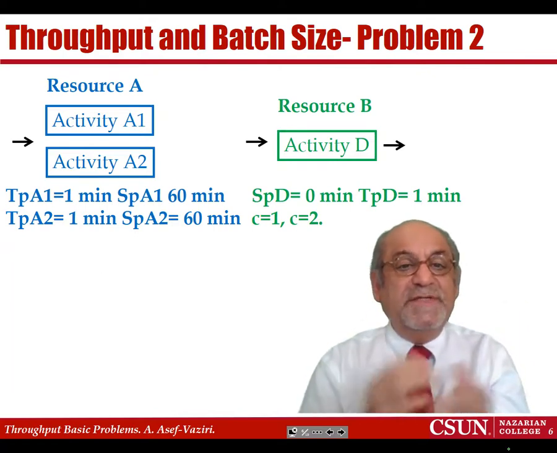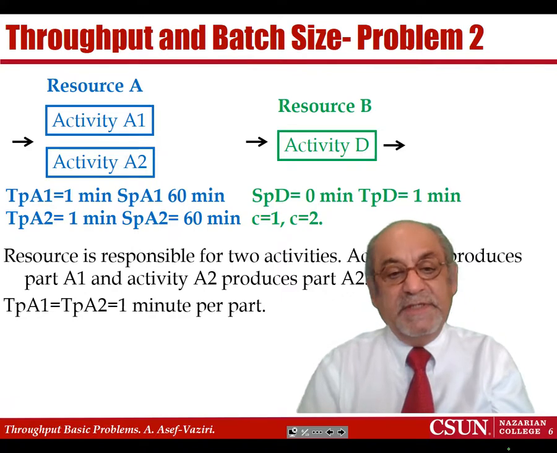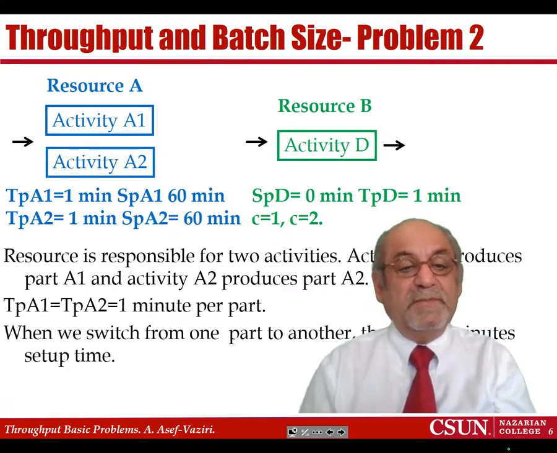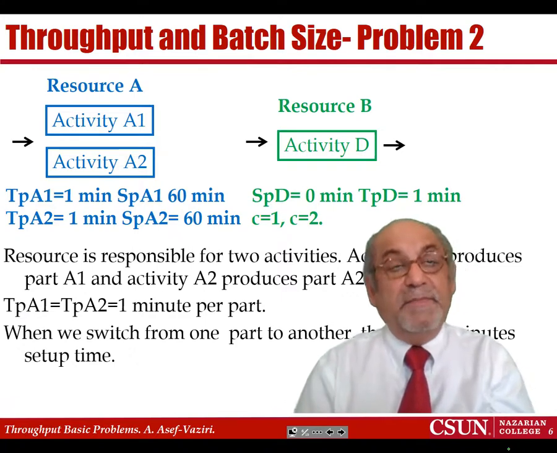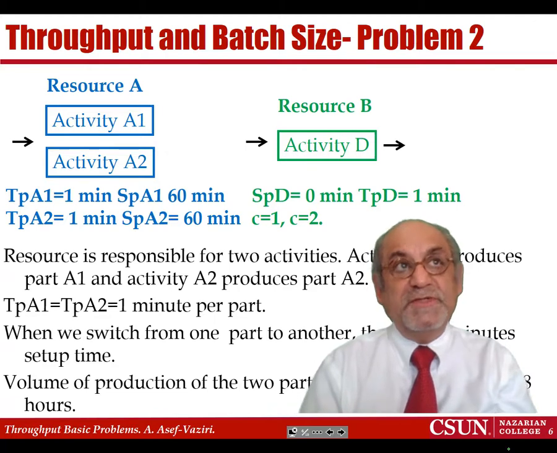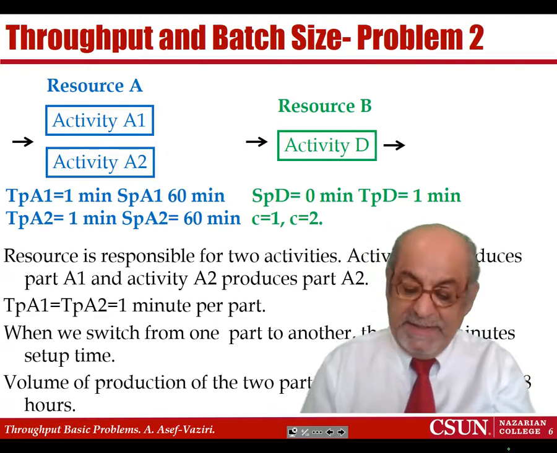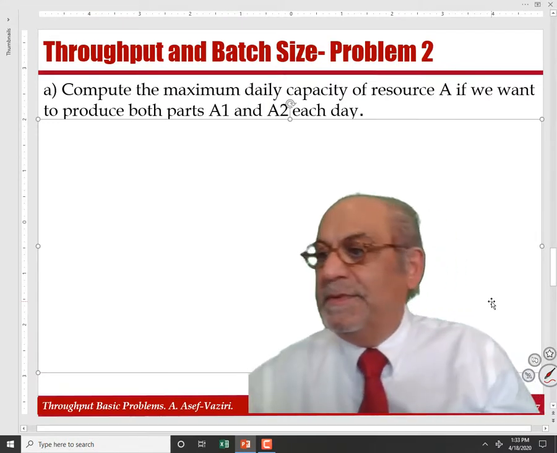Production time for each of them is 1 minute. TP for A1, time to produce A1, is equal to TP for A2, and it's equal to 1 minute per part. When we switch, there are 30 minutes switch time, setup time. Volume of the production of the two parts should be equal. A day is 8 hours.